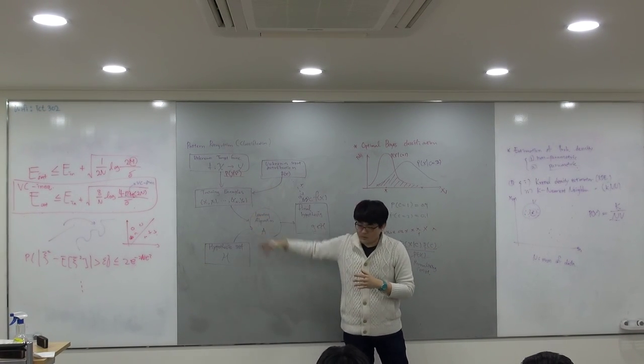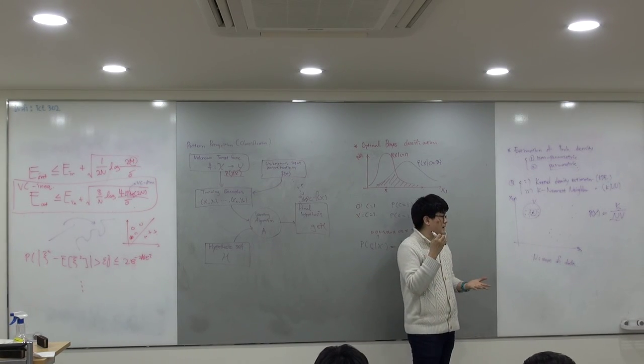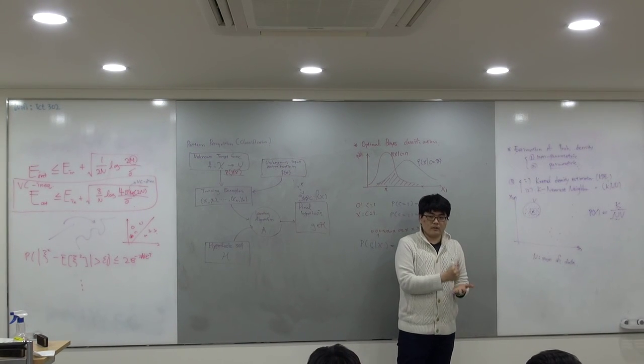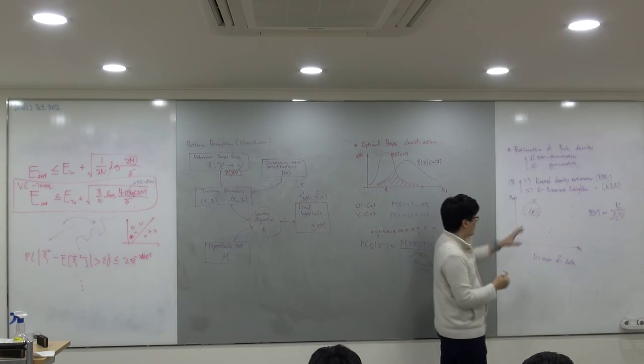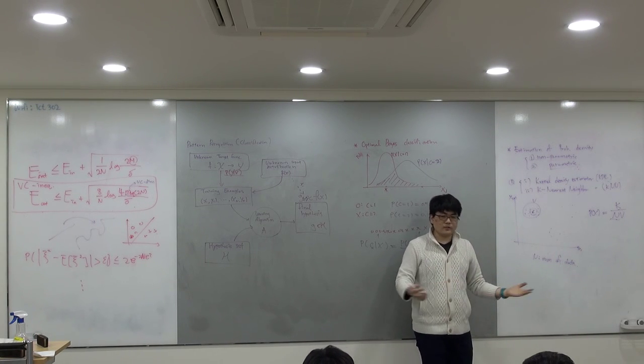In parallel with the VC inequality, when you have more data, you have a smaller variance or smaller error, right? You can be more confident in the density because you have seen more data.